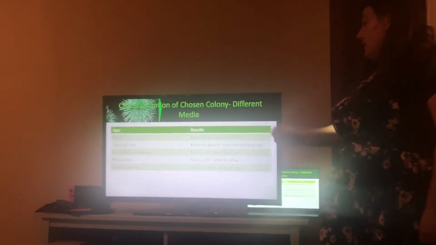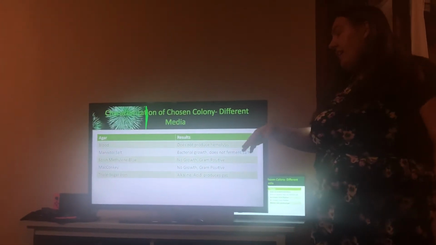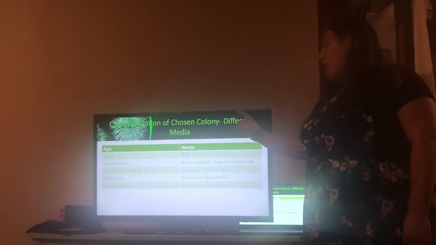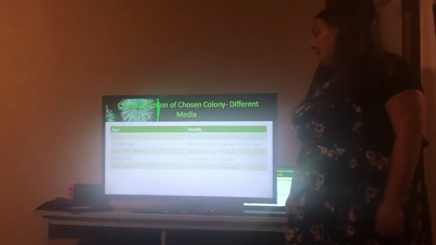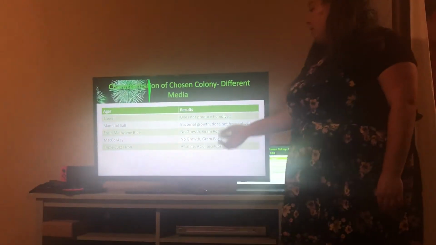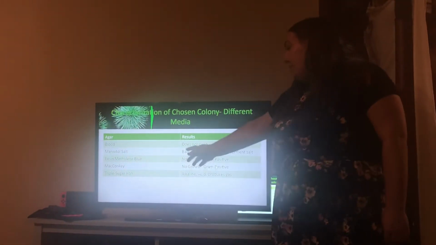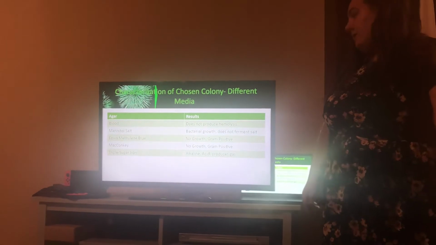And then when we look at different media that I put my bacteria on, I'm going to start with blood agar. When I put my bacteria on blood agar, it did not produce any hemolysis. On the mannitol salt, there was bacteria growth, but it did not ferment the mannitol. On the eosin methylene blue agar and the MacConkey agar, there was no growth because my bacteria is gram-positive.